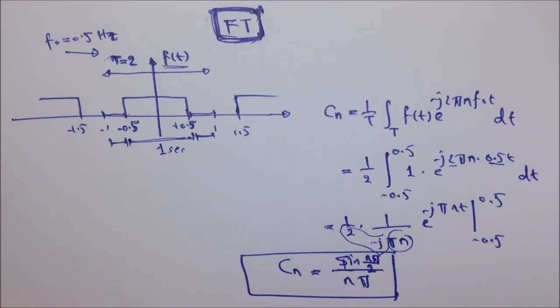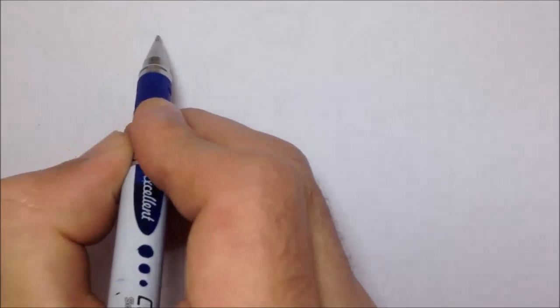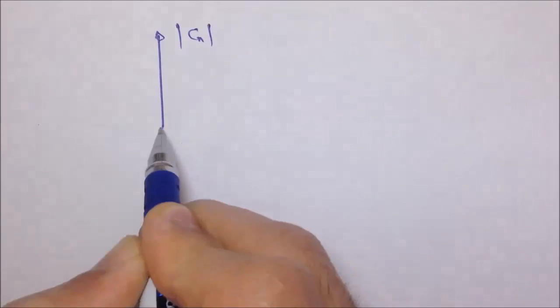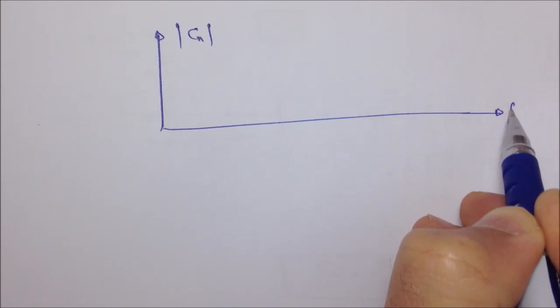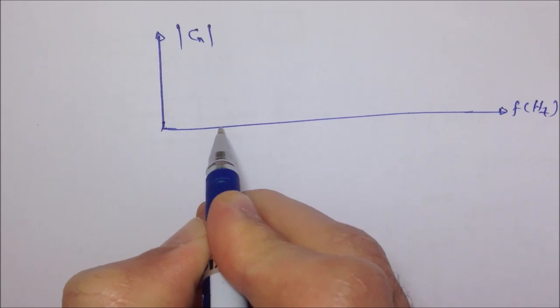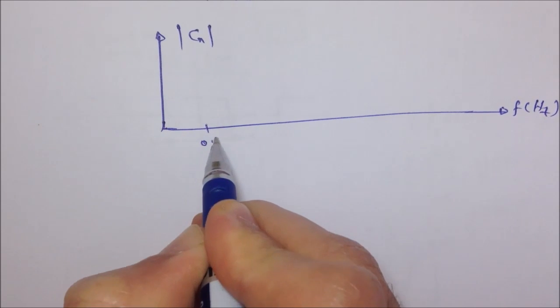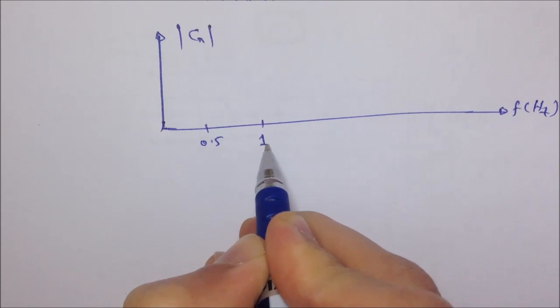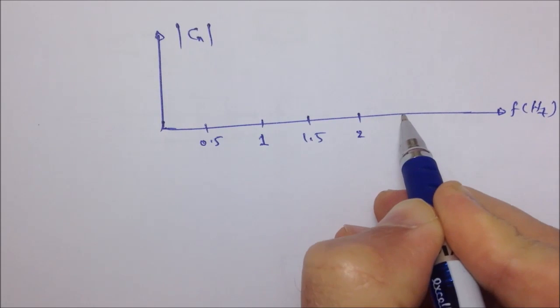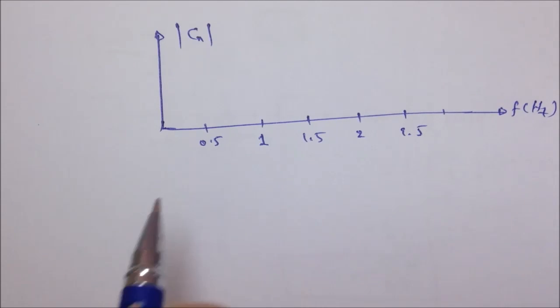Now let's draw the spectrum of this signal. So if this is the magnitude axis, C sub n absolute value, and this is the frequency axis in hertz. Now the fundamental harmonic has a frequency of 0.5 hertz, second harmonic of 1 hertz, third of 1.5, fourth of 2, fifth of 2.5, and so on.